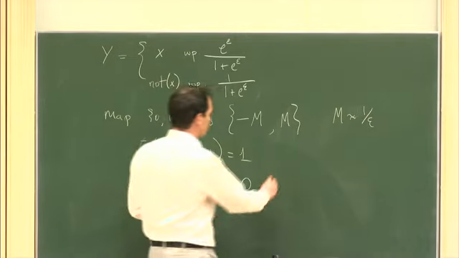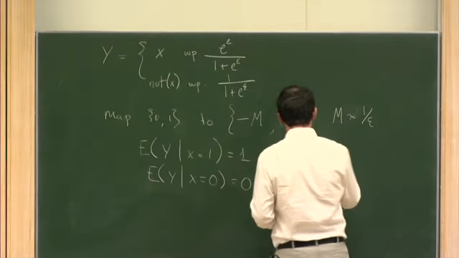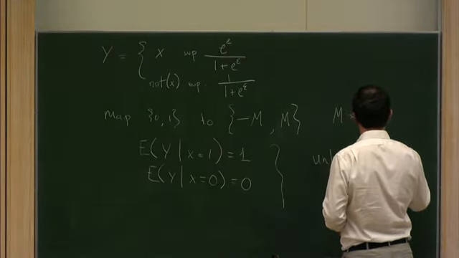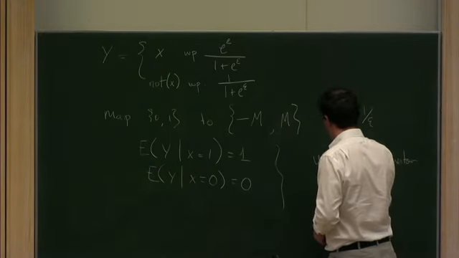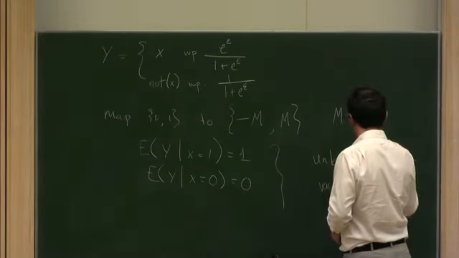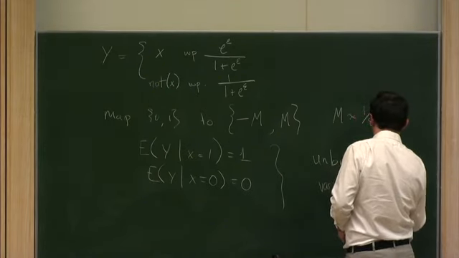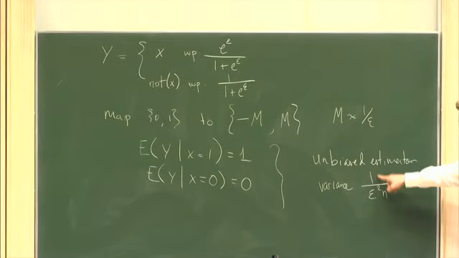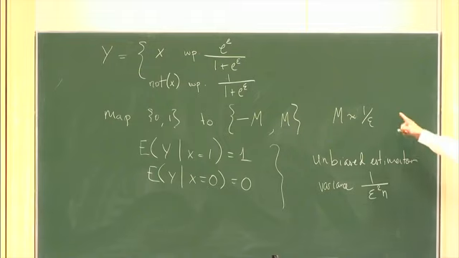So you get an unbiased estimator, and the variance is about 1 over epsilon squared n. Again, you should replace 1 over epsilon by m, the number you get from this calculation. I forget exactly what it is, but that's an easy way to use these statistics. You basically figure out m by solving a little system of linear equations.